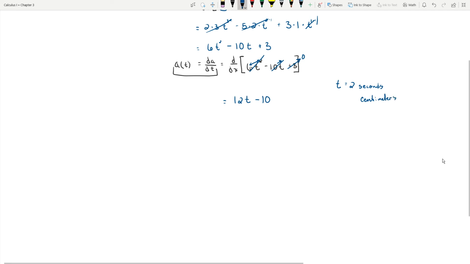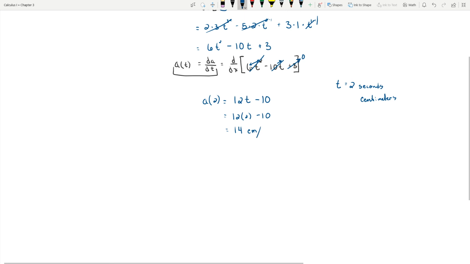So our solution for the acceleration at 2 is going to be equal to 12 times 2 minus 10. So that gives us 24 minus 10, and I believe that is simply, let's see, 14.